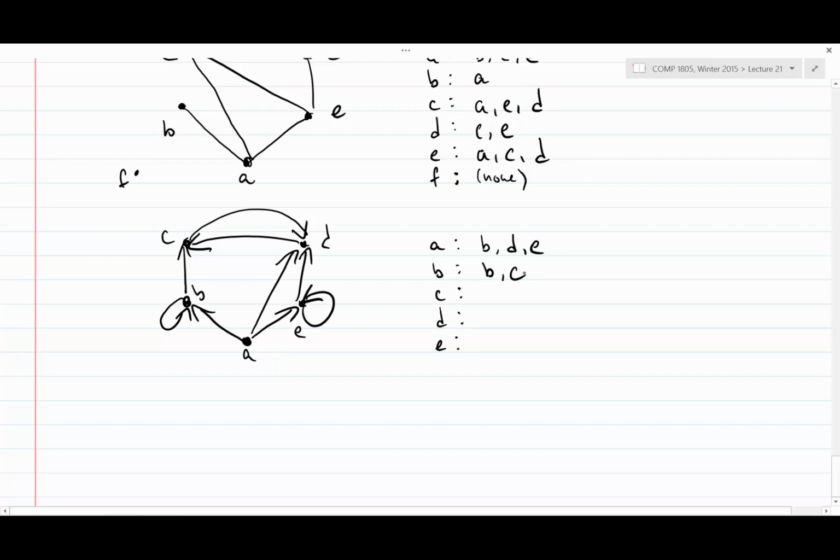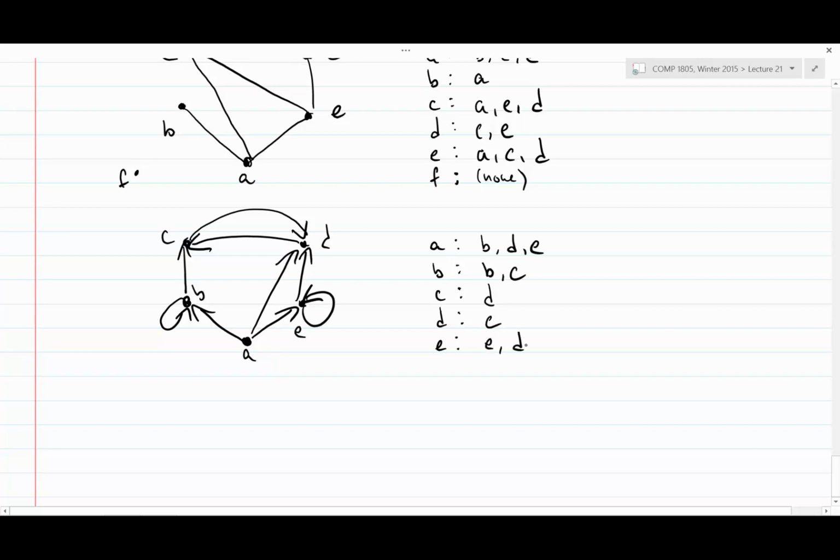What about from C? What can I get to from C? Any ideas? Just D. What about D? Just C. And what about E? It can get to itself and D.